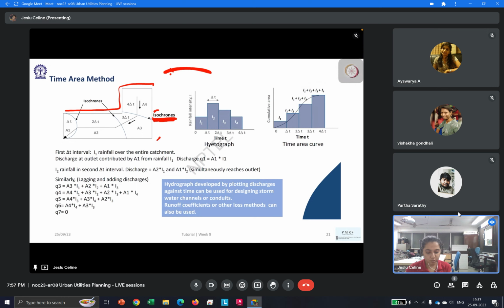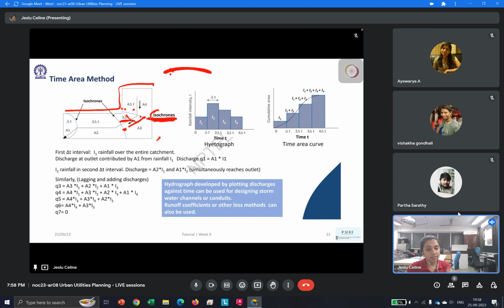So isochrones means the time is the same. All the water from this region to this region will take 3 delta t, or if you're taking t as your time reference unit, 3 times it will be taking. That's how you generate a time area histogram.